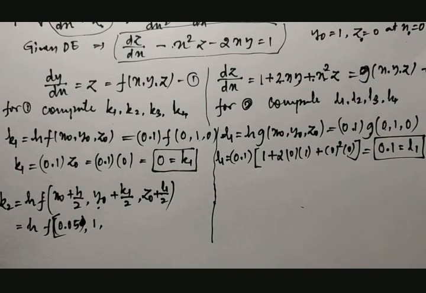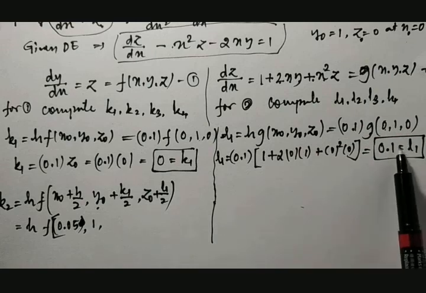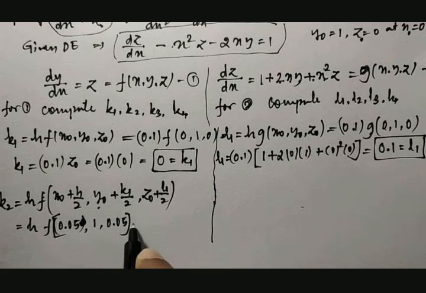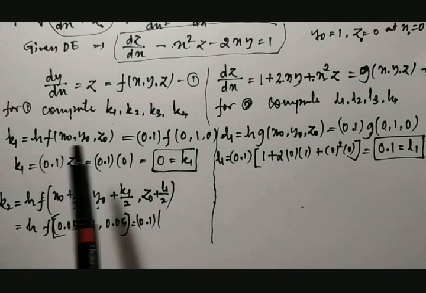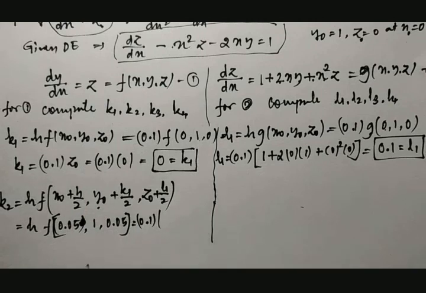Z naught is 0, 0 plus L1, L1 is 0.1, 0.1 by 2, that is 0.05. Therefore, this is 0.1 into Z naught. F function is nothing but only Z, so substitute the Z value, which is 0.05.